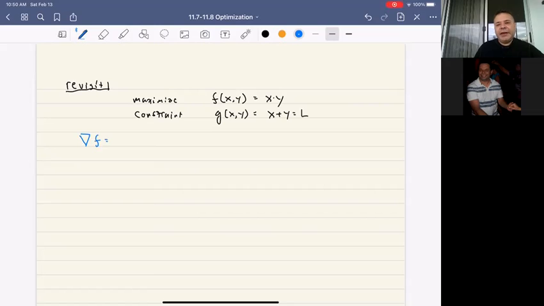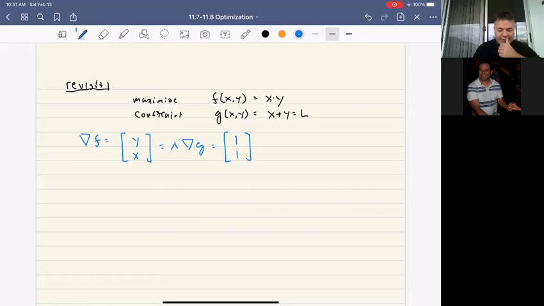The gradient of f equals, the first term is the derivative of f with respect to x. That's simply going to be y. The second term is x. That should equal lambda times the gradient of g. In this case, the derivative of g with respect to x is 1, and with respect to y is 1. So we're just going to get 1, 1.